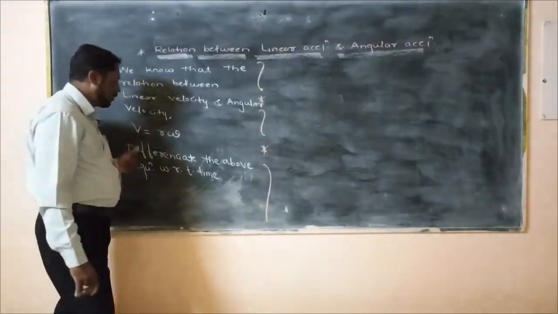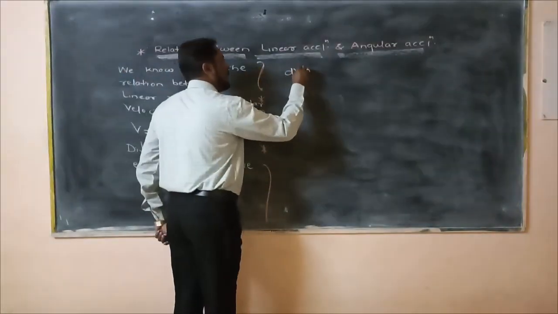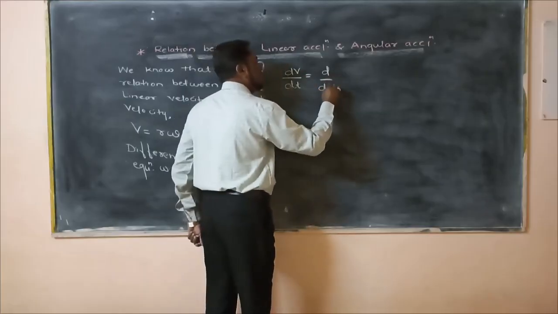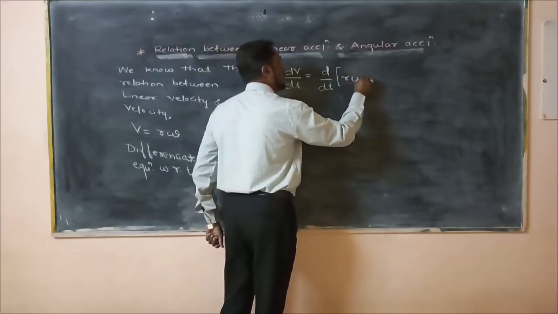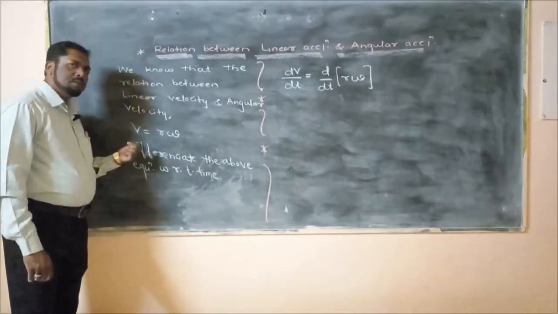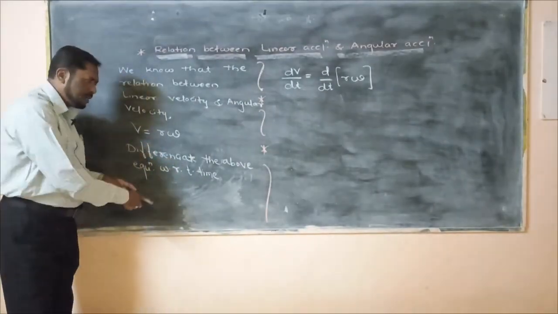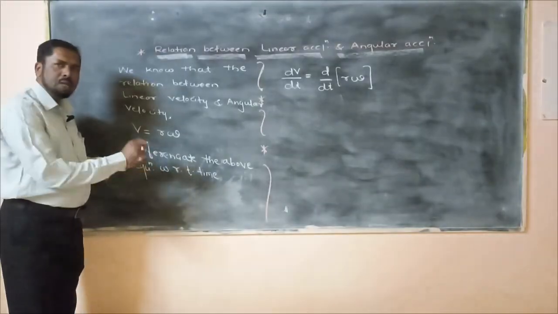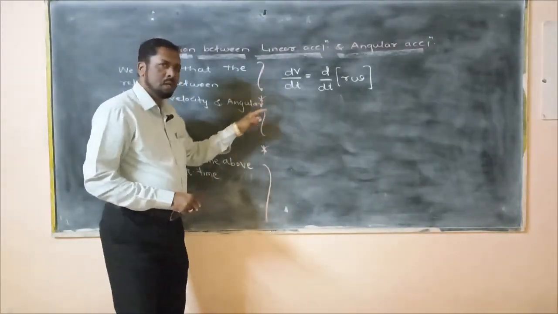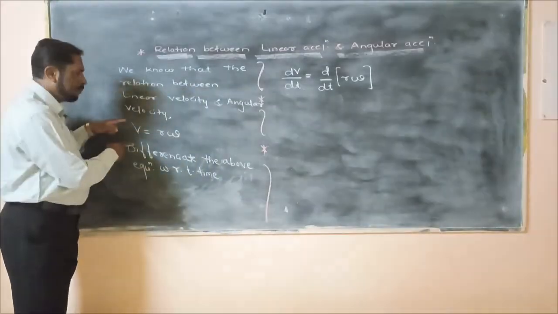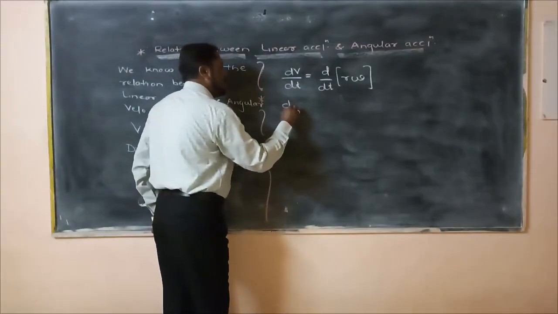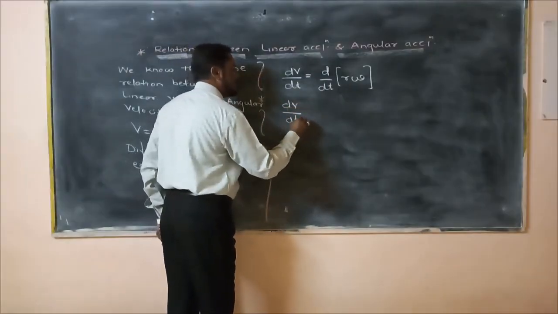So we can write dv upon dt is equal to d by dt of r omega. Just watch it carefully: v is equal to r omega. Differentiate with respect to time, that is d by dt of v, d by dt of r omega. dv by dt we write as it is.